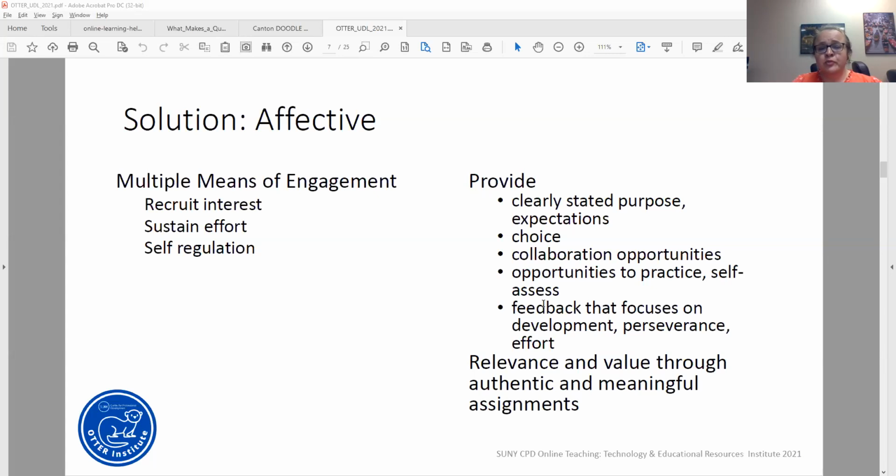And when you are giving feedback, it is important to give feedback that focuses on how to improve, and focuses on encouraging students to keep going. Make sure that your students understand that you're grading them on their effort, not on how you feel today. Students who feel that they're always going to get a B no matter what because the instructor doesn't like them are not going to put enough effort into their work.